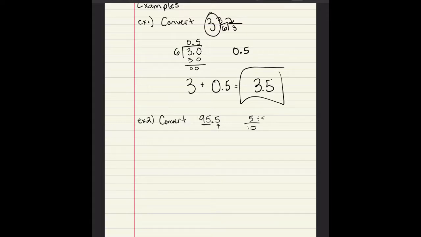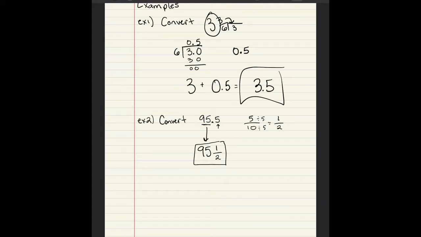And we can reduce that because 5 can go into both of these numbers. 5 can go into 5 one time, 5 can go into 10 two times. So now we have our whole number, we just bring that down, and we just need to add on our fraction. So 95.5 is 95 1/2.